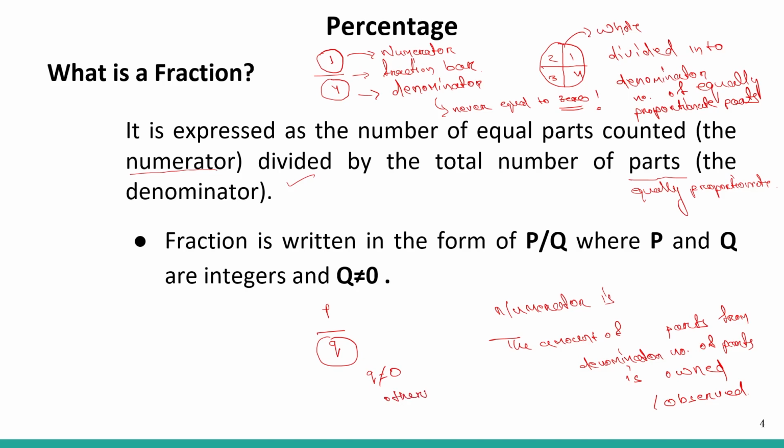Otherwise, P by Q is undefined or meaningless, as we say. So always remember that Q must not be equal to 0, and you need to put this condition wherever you see a fraction. If Q is not written explicitly, then you need to write down the condition that Q can't be equal to 0.